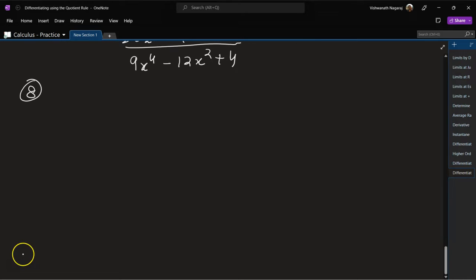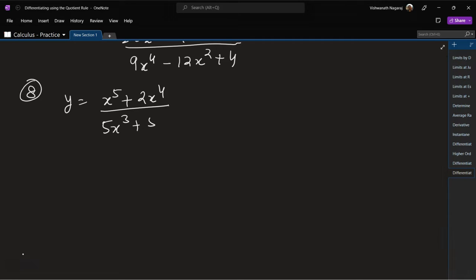Now eighth one is y is equal to (x to the power of 5 plus 2x⁴) divided by (5x cube plus 5). So dy by dx, the denominator as it is, the derivative of the numerator.